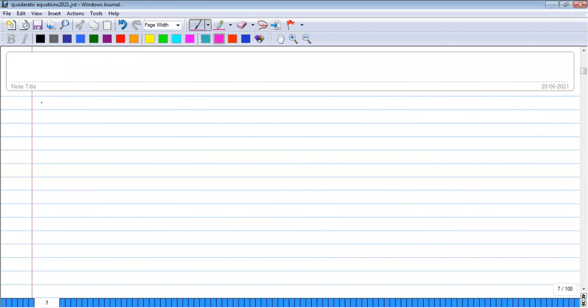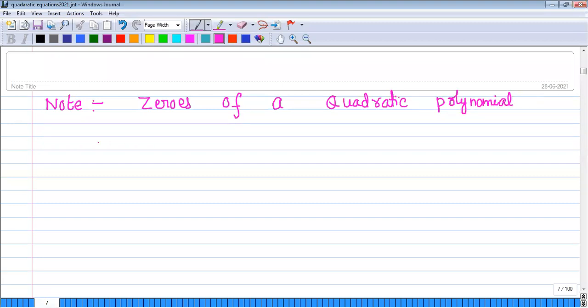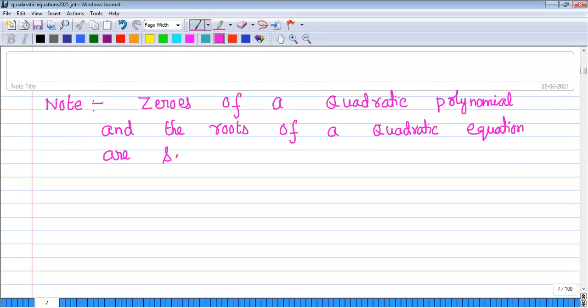So one more note, we observe that the zeros of a quadratic polynomial, so no problem, you can say quadratic polynomial, and the roots of a quadratic equation are the same.